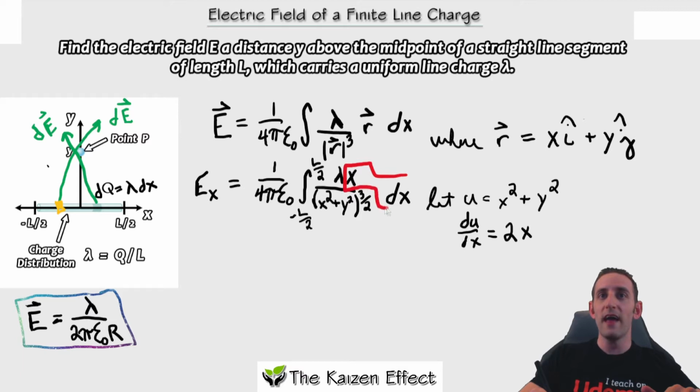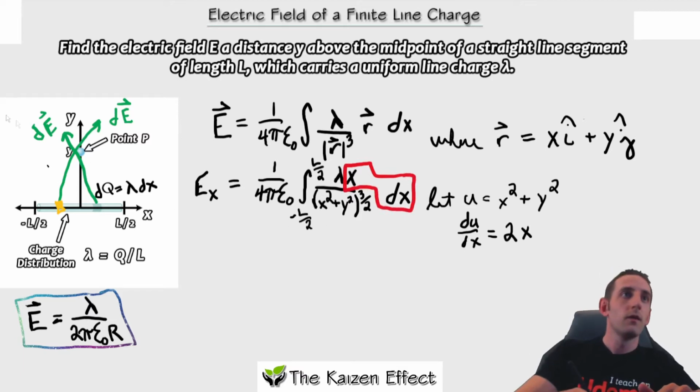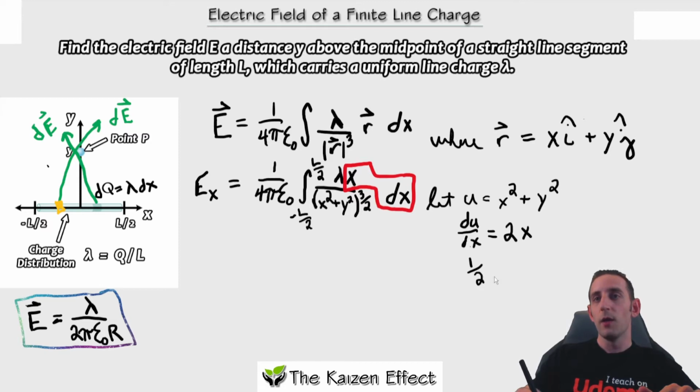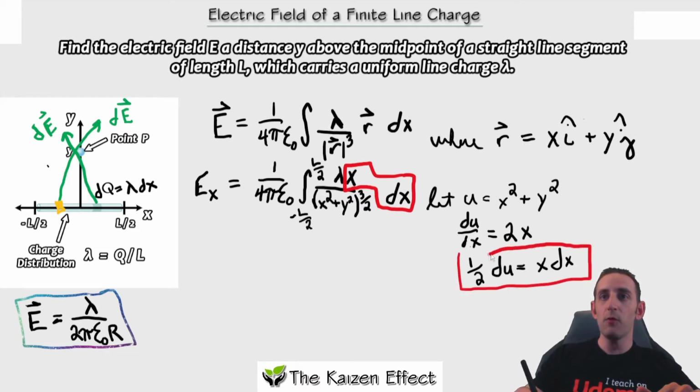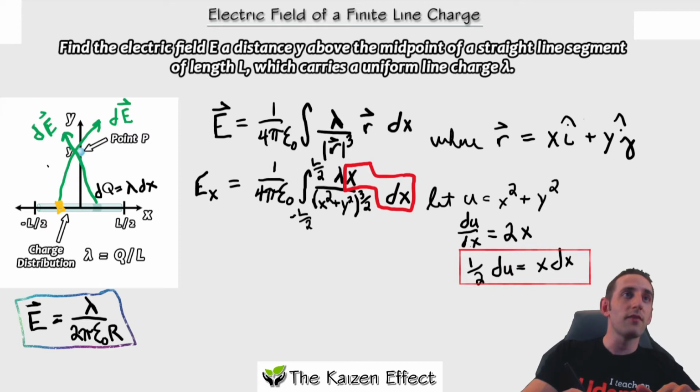We want to find that so we can substitute that in. So we multiply by 1/2 on both sides. Multiply dx on both sides. And we get the following. All right, so we can take this guy, substitute that in, and that will allow us to finally solve this nasty integral.